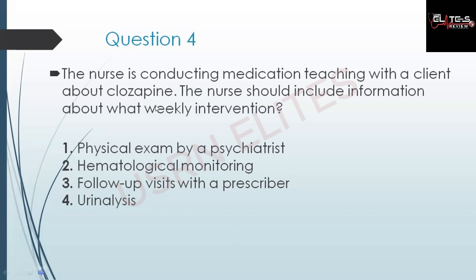One thing you should know about clozapine is that it depresses the bone marrow. So you're going to have issues with your blood cells: red blood cells, platelets, and white blood cells. But most of the time it's because of infection, white blood cells. Having this in mind, what do you think the answer should be?